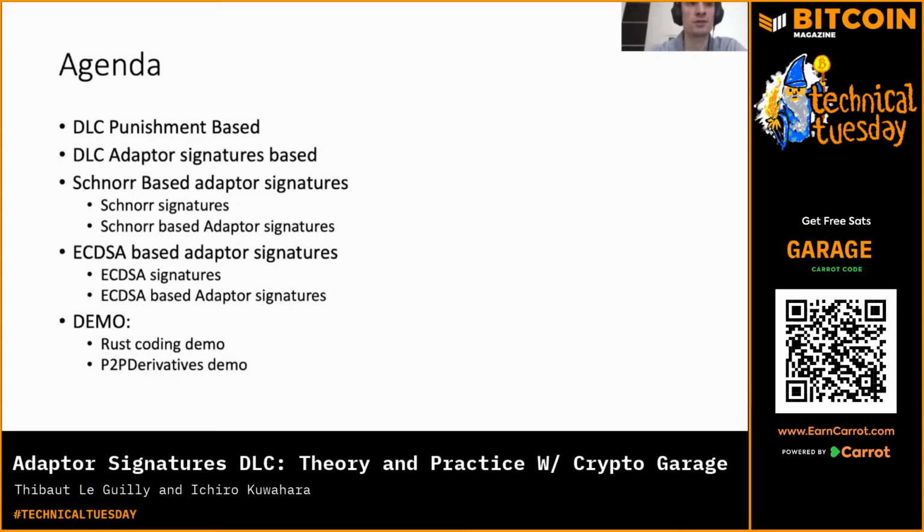And finally, I'll do some coding demonstration in Rust on how to actually use adapter signatures in code. And finally, I'll demonstrate our peer-to-peer derivatives application where you can now do some DLC with some counterparties. And we just updated it to use adapter signatures.